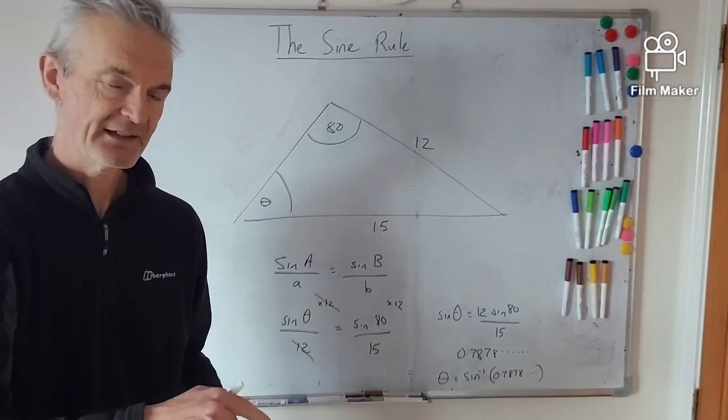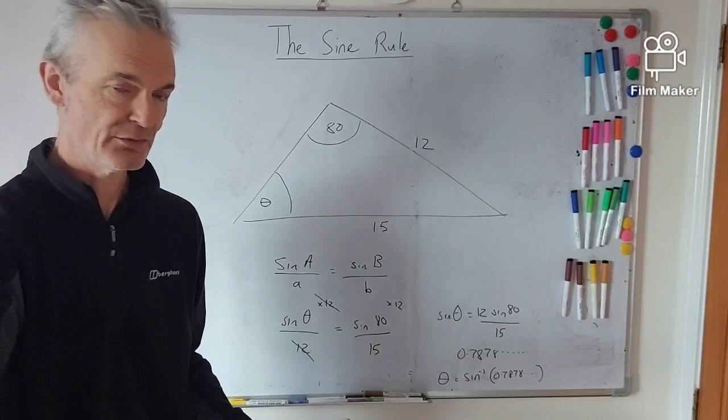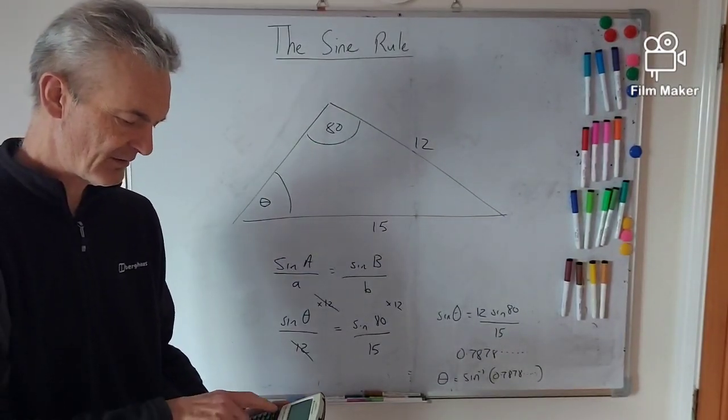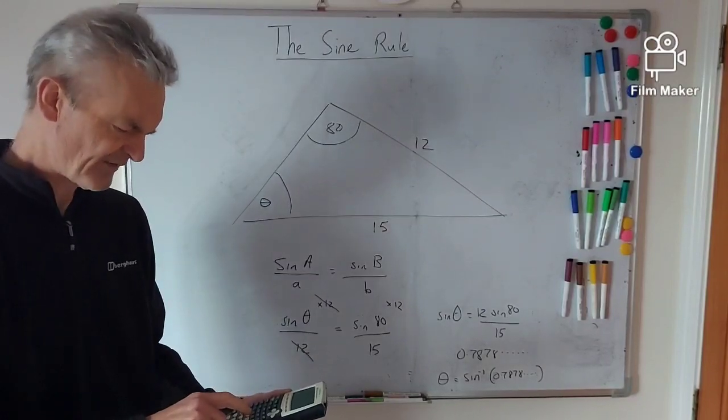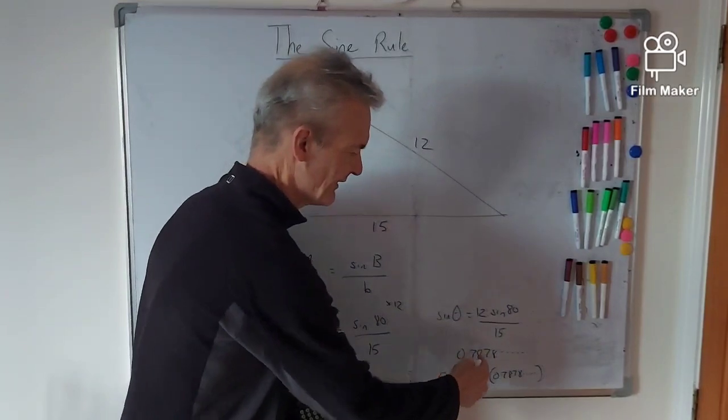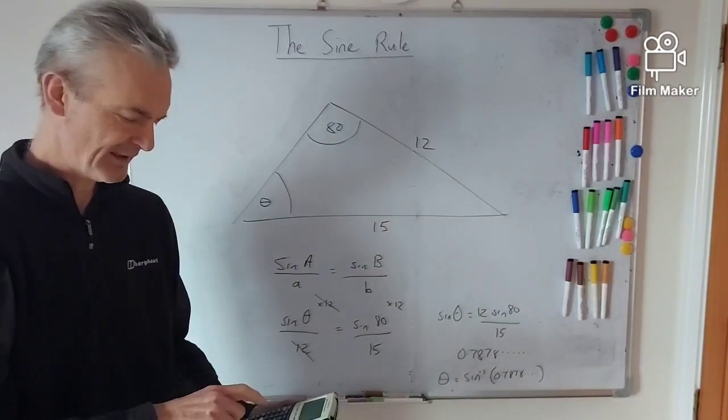Now what I would do is I'd keep this answer in the calculator. Don't clear your calculator, leave it there with all the decimal places because you don't want to round up at this point. So then you're just going to do shift or second function sine, and then you're going to put the answer on your calculator.